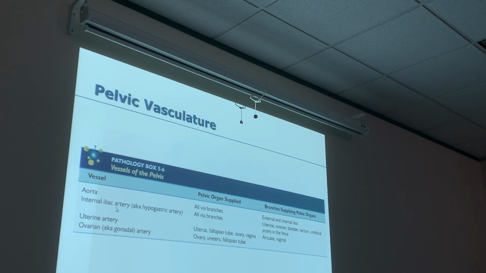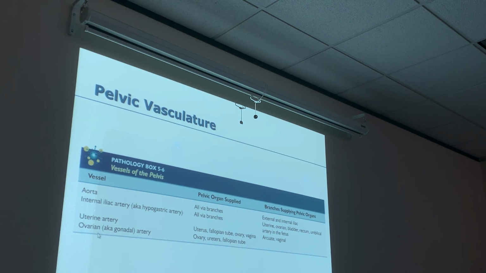The internal iliac comes off of the common iliac. The common iliac bifurcates and makes external iliac and internal iliac. The internal iliac is where I'm going to find my vessels that feed my pelvic organs.